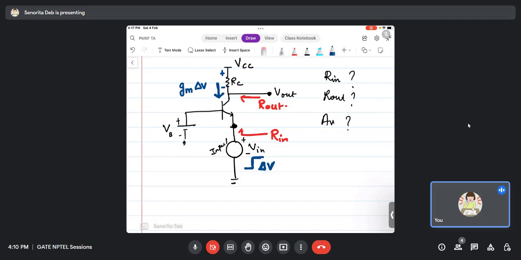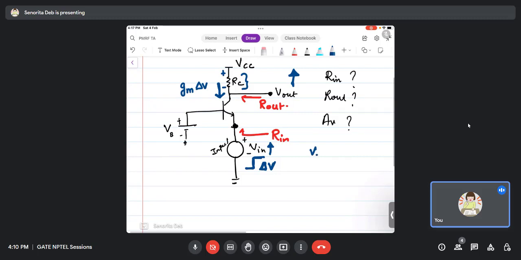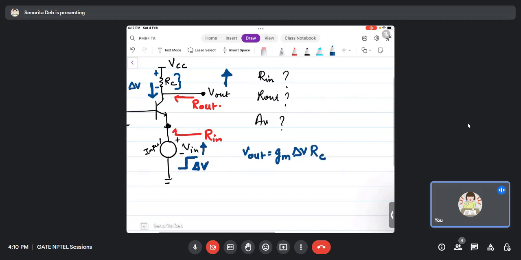For an increase in the input, the collector current goes down, and if the collector current goes down, the drop across RC will go down, and if the drop across RC goes down, the Vout rises, right? So the relationship is that if Vin rises, Vout also rises. So this is a positive relationship, right? And you will see that Vout will be nothing but Gm times delta V into RC, for an AC ground.